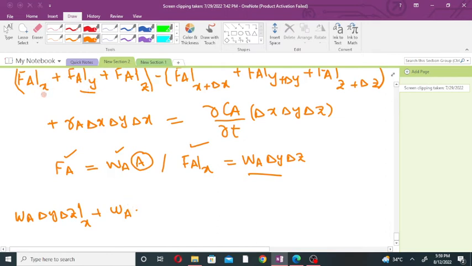If this is x, the perpendicular area will be y and z. If this is z, the perpendicular area will be x and y. So this is W_A x z at position y, and W_A x y at position z. These are the entering terms.